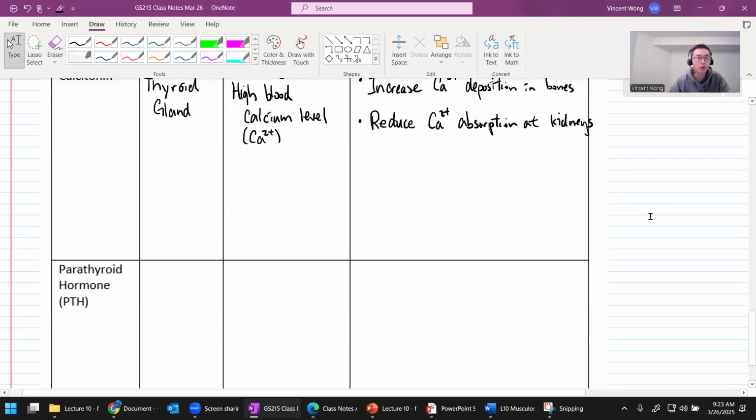Moving on. Parathyroid hormone or PTH. Again, this is the thyroid gland, and on the back there are four little knobs. This is the back. These little knobs, they are the parathyroid gland.